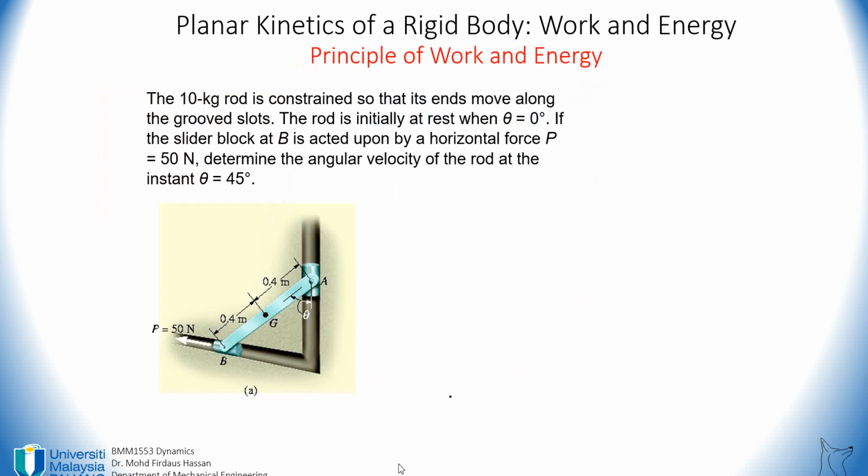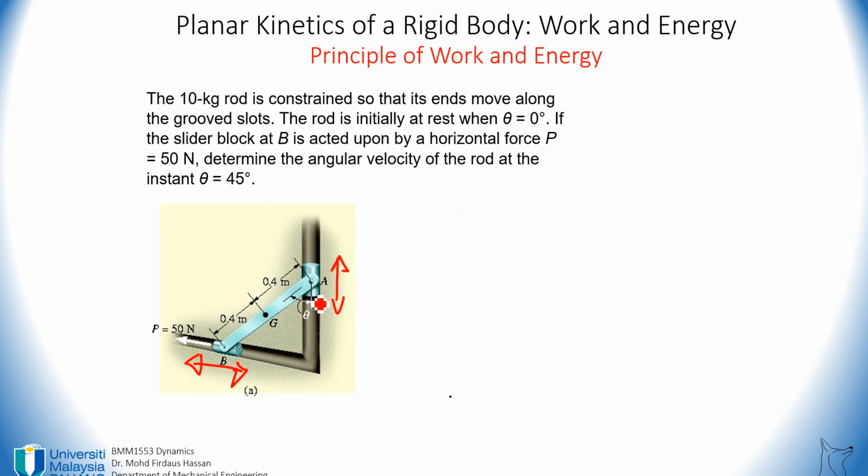Okay, right. In this example, we have a 10 kilogram rod constrained so that its ends move along the groove slot. Both ends, A and B, follow the slot. This one can go up and down, and this one can go left and right. The rod is initially at rest when theta is 0.